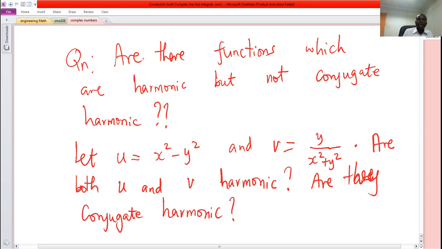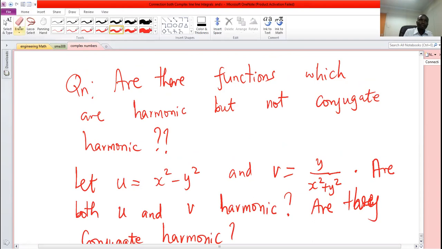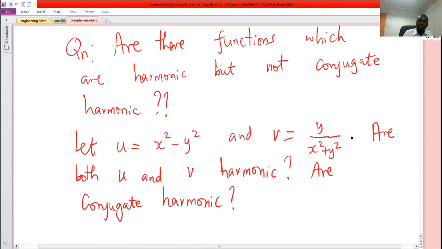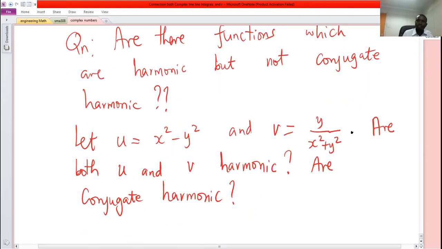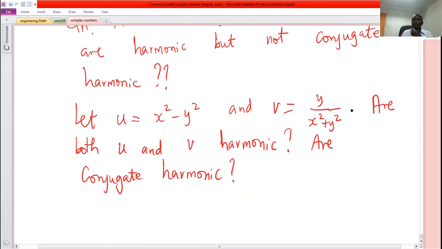So we'll try to get the answer to this question by working out through this problem. So let's start with u.